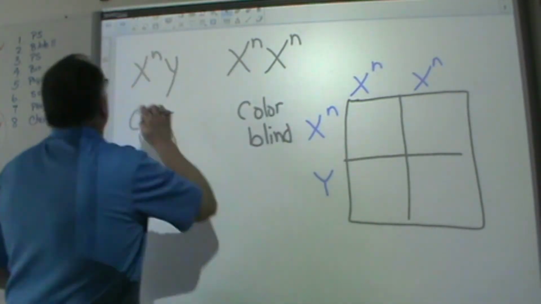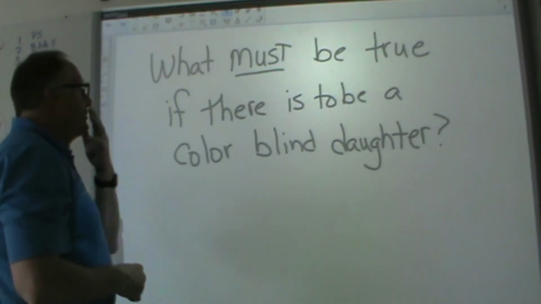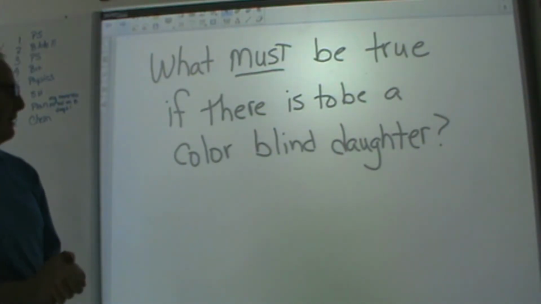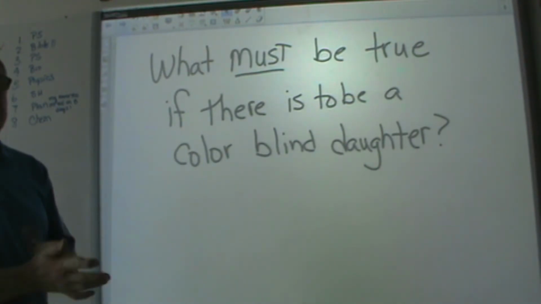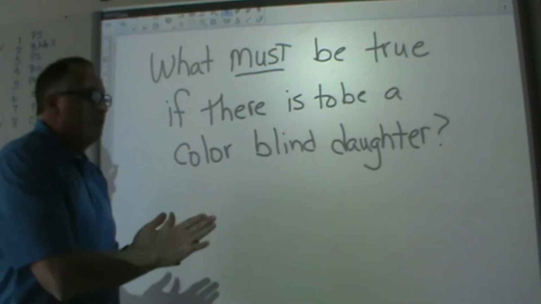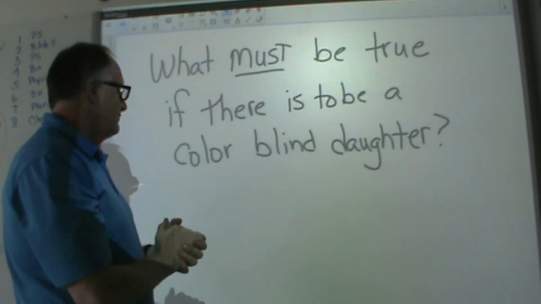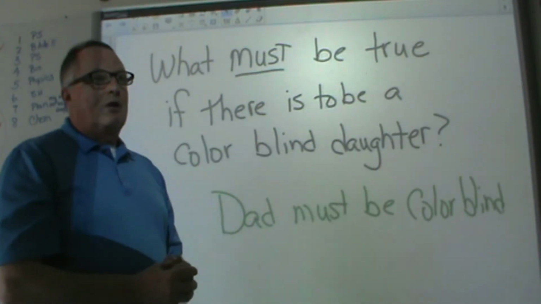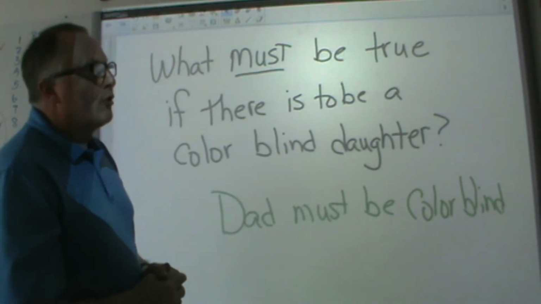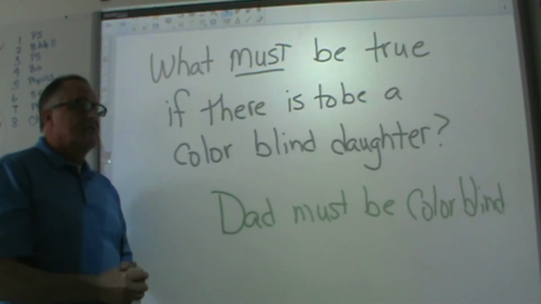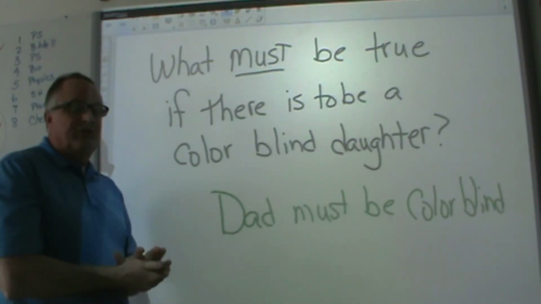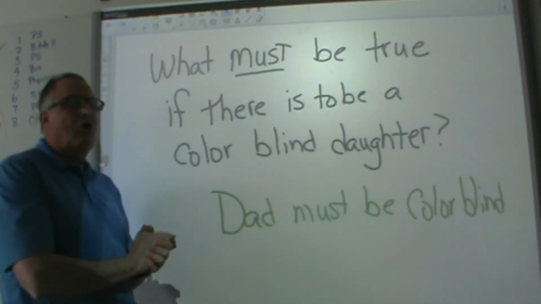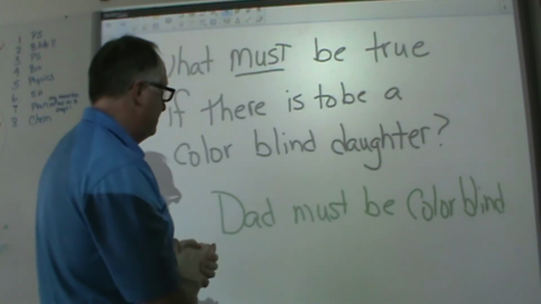So from what we went through, what must be true if there's going to be a colorblind daughter? What must be the case? So you can tell if you've got a shot at that. Dad must be colorblind. If mom has normal vision and dad has normal vision, even if mom's a carrier, all your daughters will have normal vision.